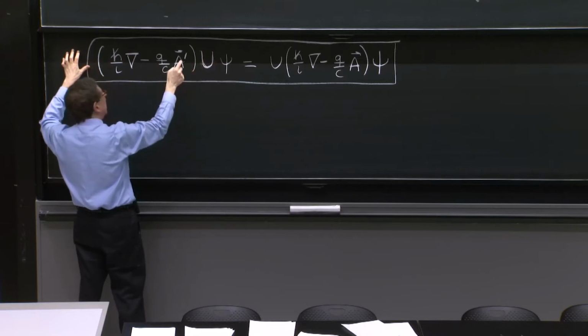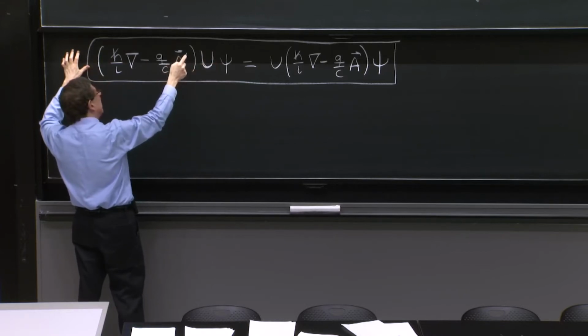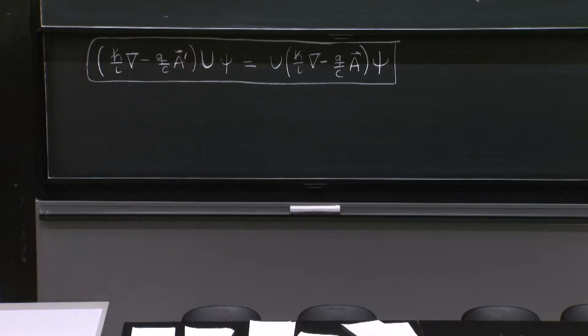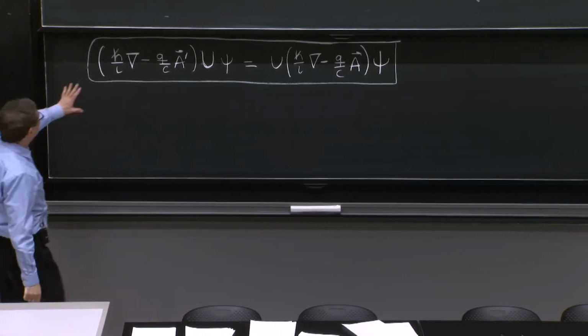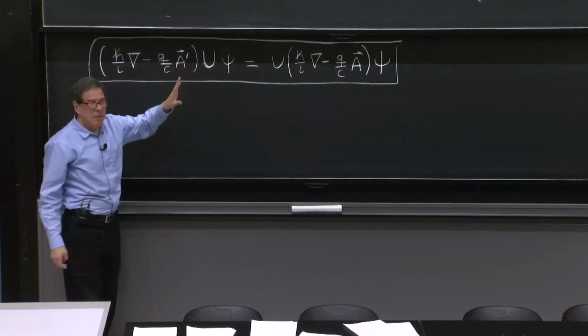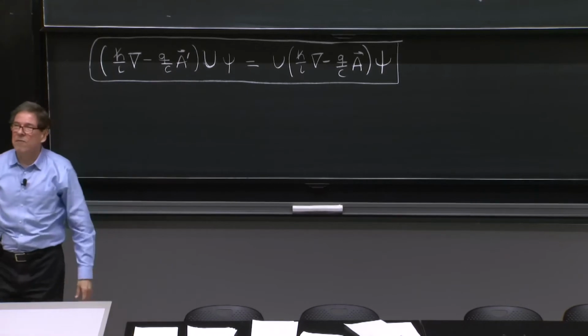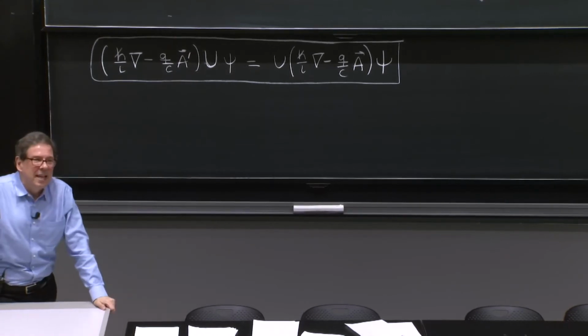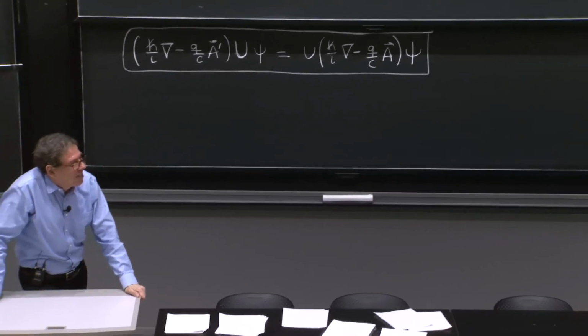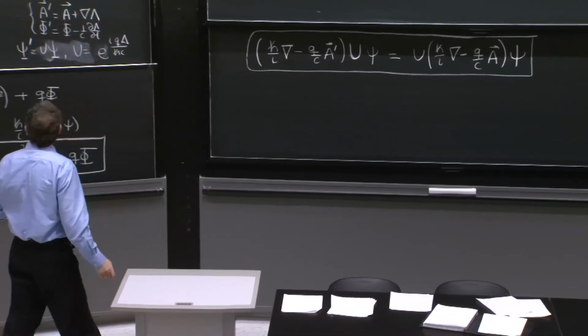But when you move it across, the only effect is to change the A prime to A, so a gauge transformation on the A. That is the reason this derivative equipped with an extra term is sometimes called a gauge covariant derivative. That is, it transforms nicely under gauge transformations. It does a nice job.